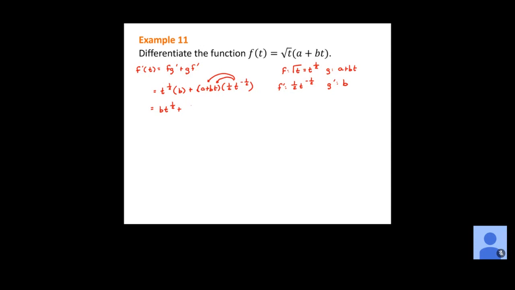Okay, good. 1/2 a t to the negative 1/2 is that first term, plus, and then we're going to have 1/2 b t, and it's going to become a positive 1/2 because we're adding those exponents together, right? T to the first power times t to the negative 1/2 power is going to give us that.